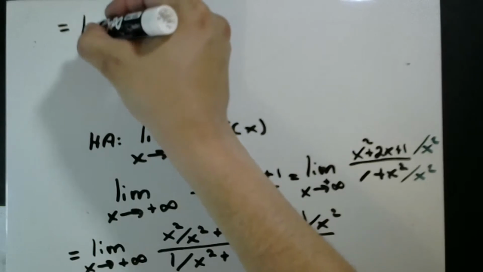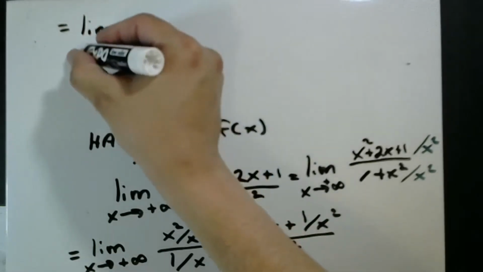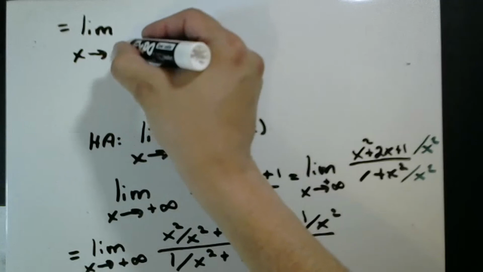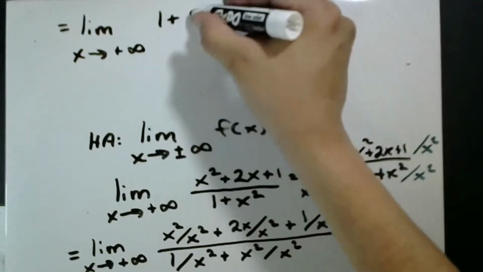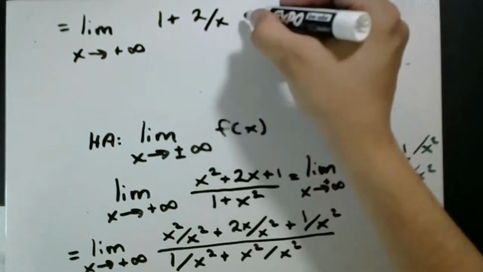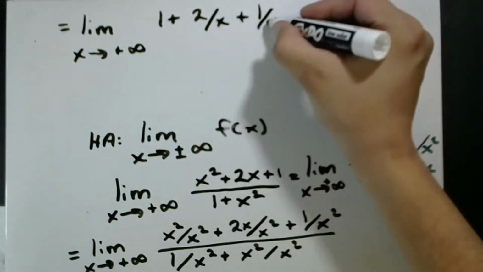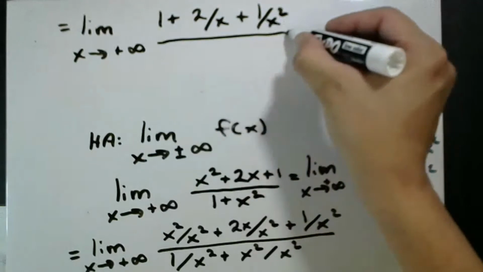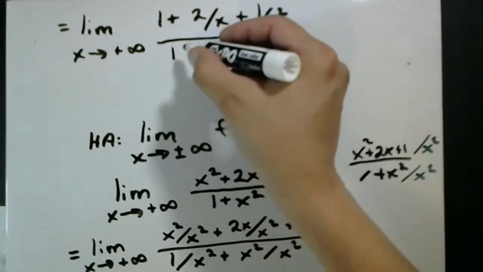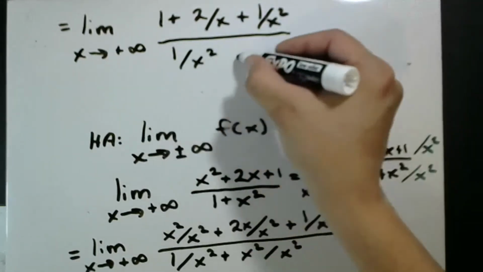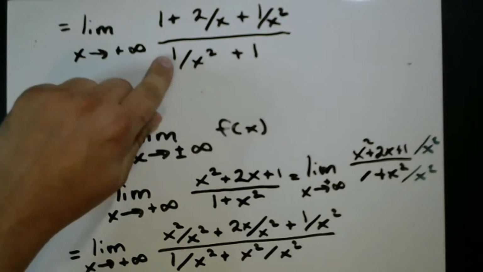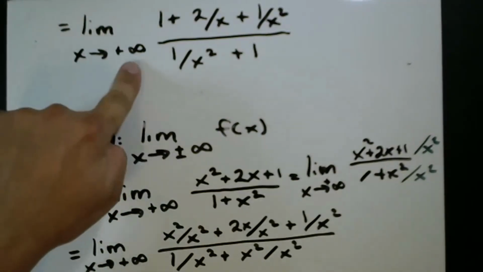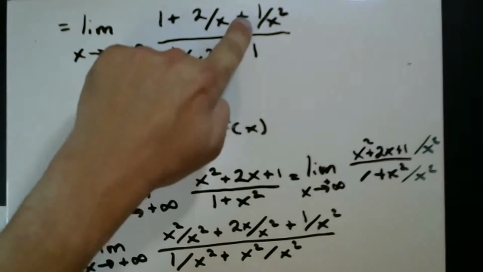So we get the limit as x goes to positive infinity of 1 plus 2 over x plus 1 over x squared over 1 over x squared plus 1. And if you recall, the limit of 1 over x squared when x is going to infinity is 0.